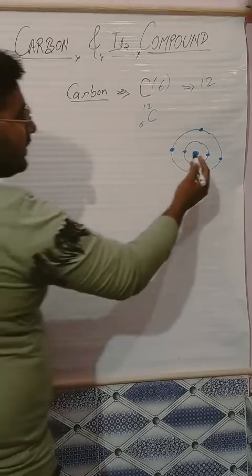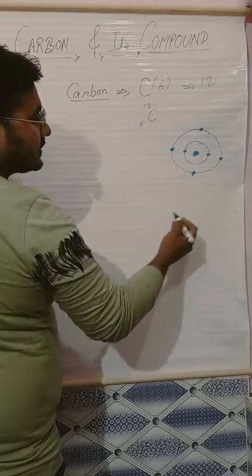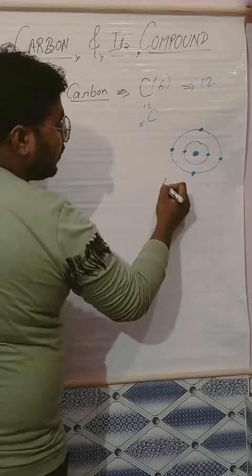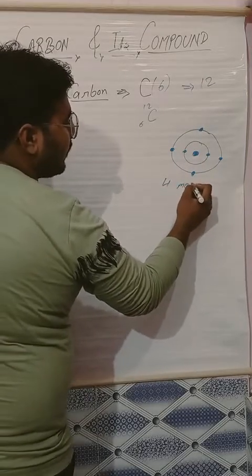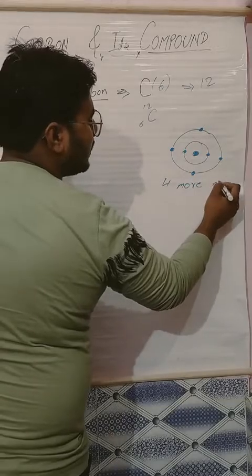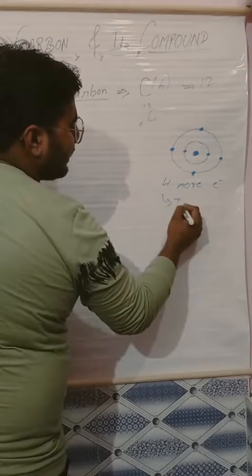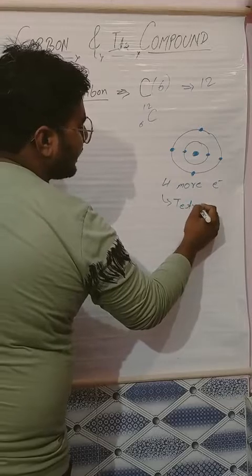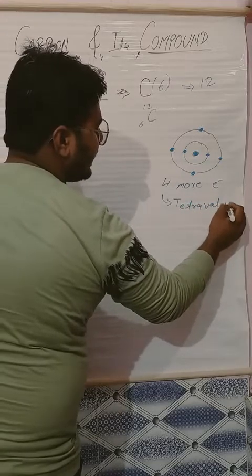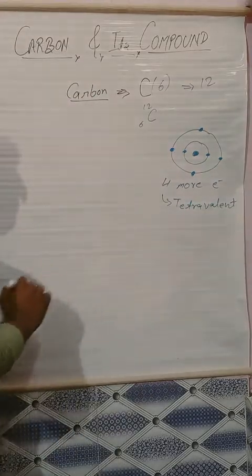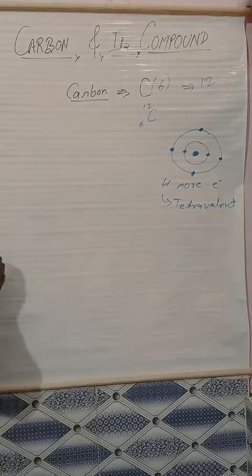You can see there 4 valence electrons are there, and how many it needs? 4 more electrons. It needs 4 more electrons to complete its octet. So that's why it is called tetravalent. On the basis of this tetravalent, it is having uniqueness.